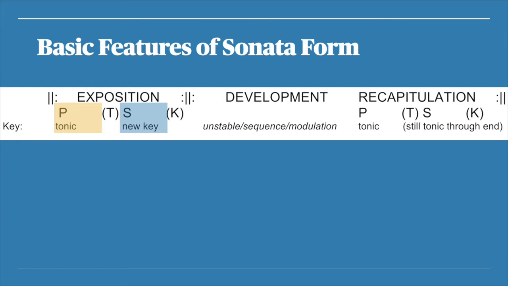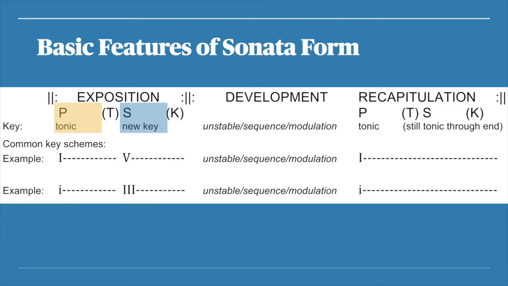The primary theme group starts in the tonic key, but then the secondary theme group is presented in a contrasting key. Common key schemes include modulating to the key of the dominant when we're in a major key, and modulating to the key of the relative major in a minor key. But other harmonic key schemes are possible.